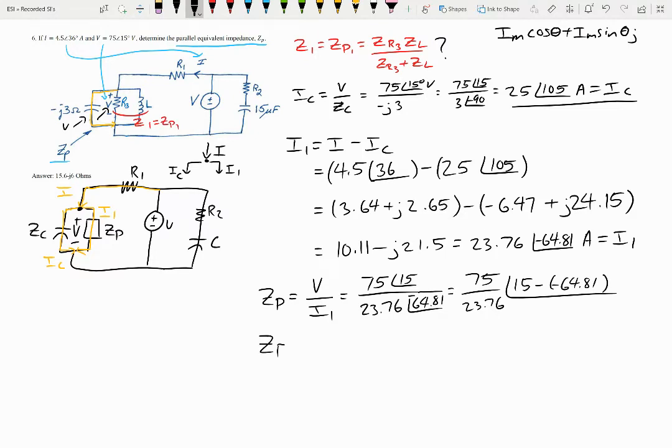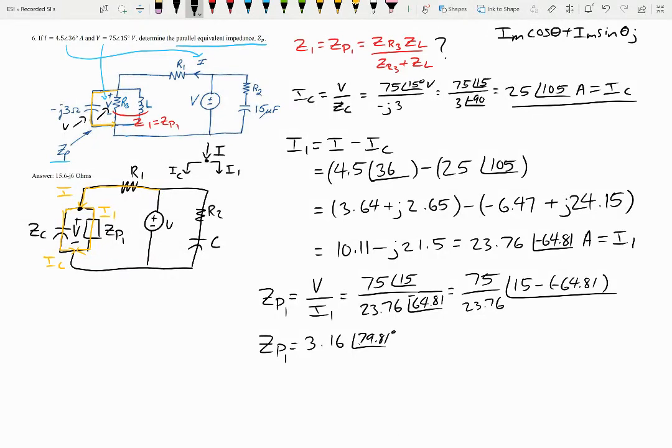And Z parallel will be equal to 3. I'm sorry, this is Z parallel 1, by the way. This is just that first combination. So Z parallel 1 is 3.16 at an angle of 79.81 degrees.